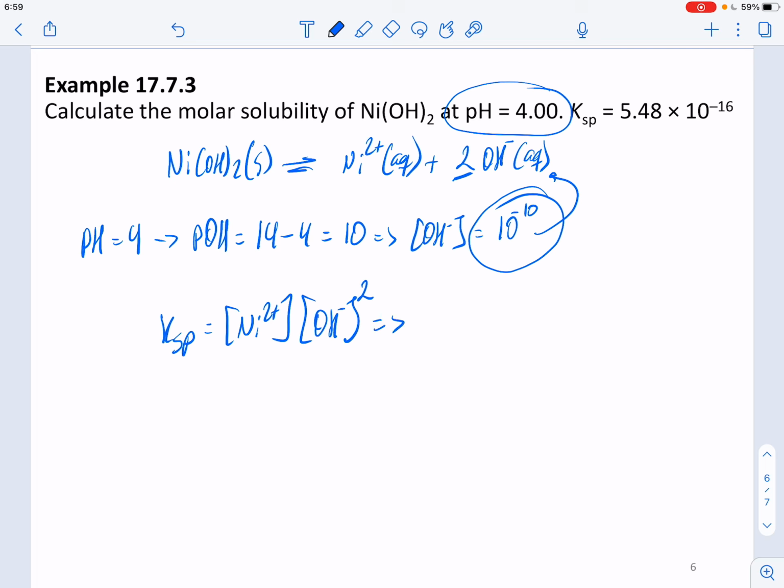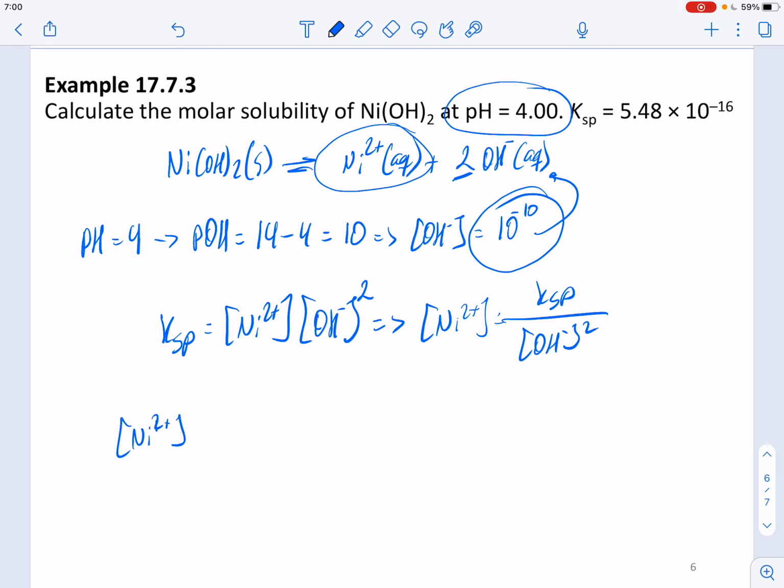So technically, how much nickel you can dissolve will represent the solubility of nickel hydroxide here. Therefore, the concentration of nickel 2 plus is equal to KSP divided by the concentration of OH minus squared. Now we use the numbers: 5.48 times 10 to the negative 16 divided by 10 to the negative 10 raised to the power of 2.